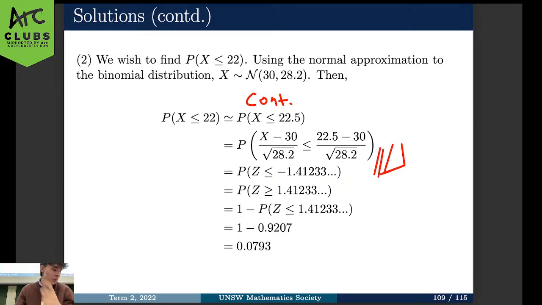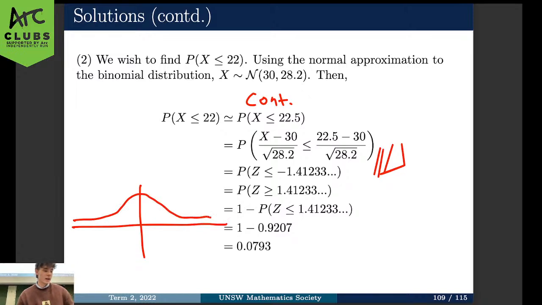And then I apply a few transformations using the symmetric properties of the normal distribution just to transform into a value that is actually in our Z table. So you can see that the probability that Z being less than or equal to negative 1.41 corresponds to the area here if this is negative 1.41, right?